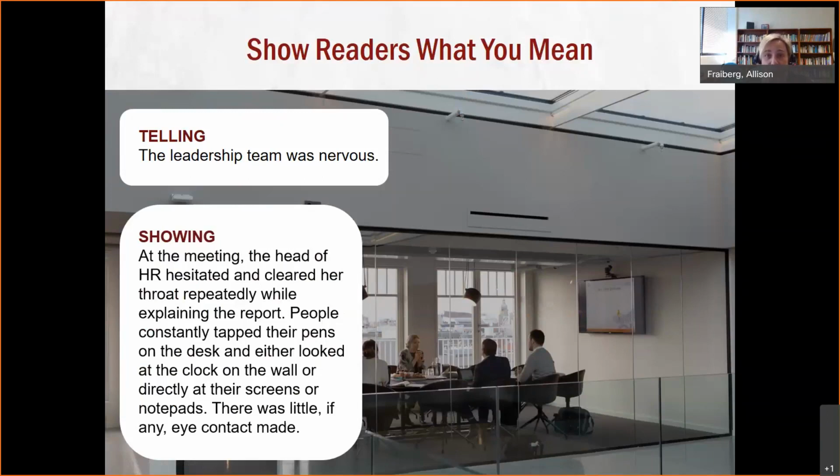And they won't look at each other because it's hard to look at each other when you're really nervous. And you're looking at your screens or your notes, avoiding eye contact, because all of those signals or clues lead me to believe that the leadership team was nervous. By the way, look how much longer this is than this.